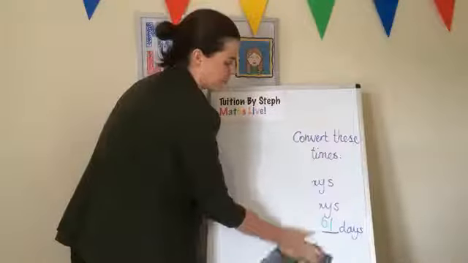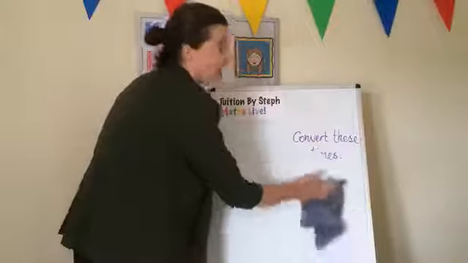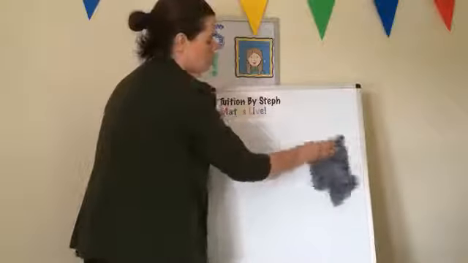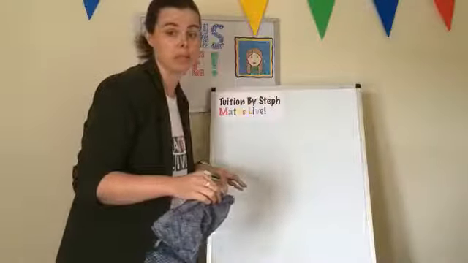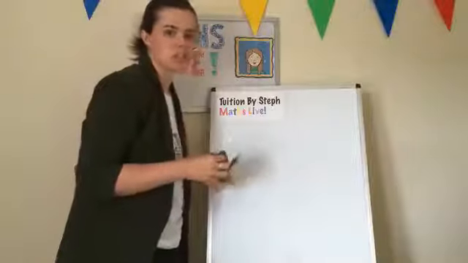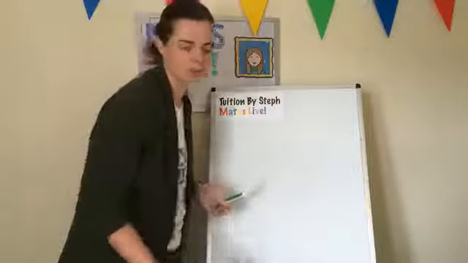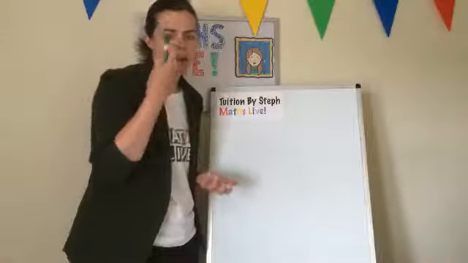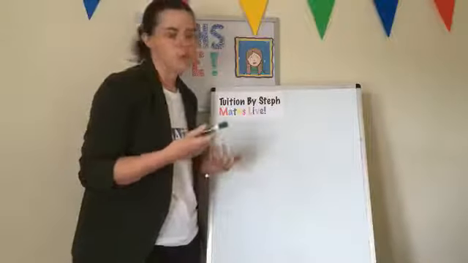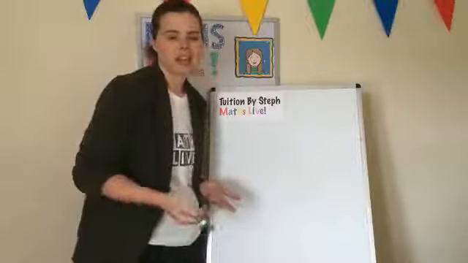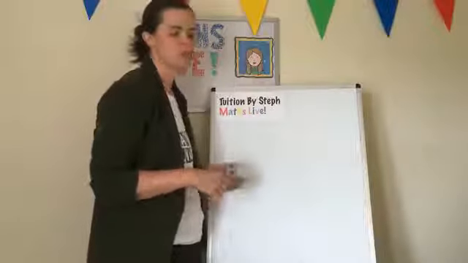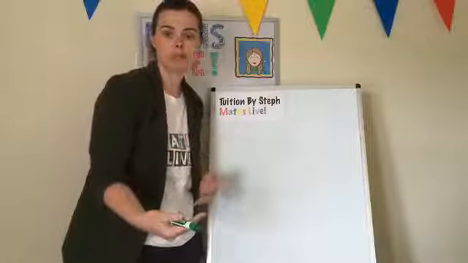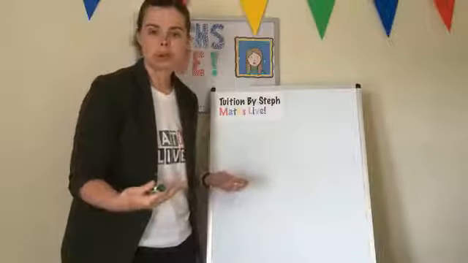Right, today we are adding and subtracting time, and that starts to go into word problems. We are going to do problems involving time on Friday, so this is a really good chance to practice before Friday. What do I mean by adding and subtracting time? We have it every day in our lives. So for example, if something starts at this time and lasts a certain amount of time, what time does it finish?